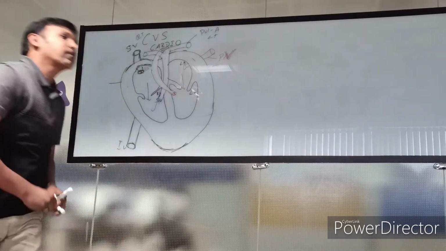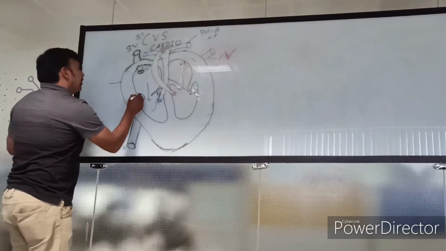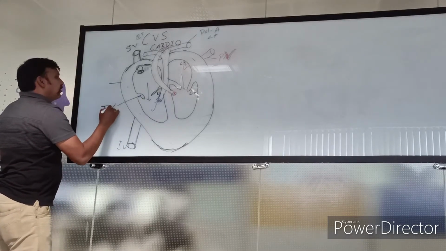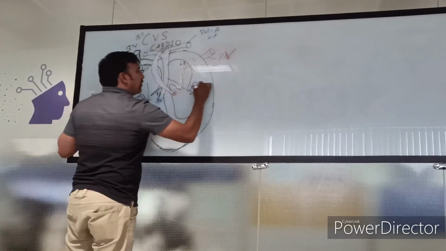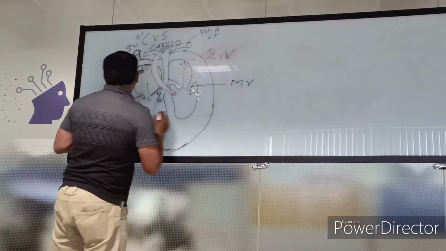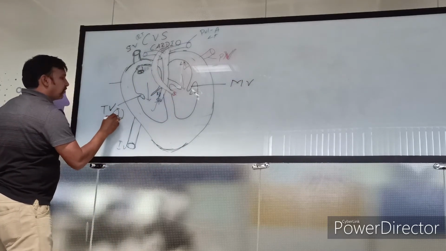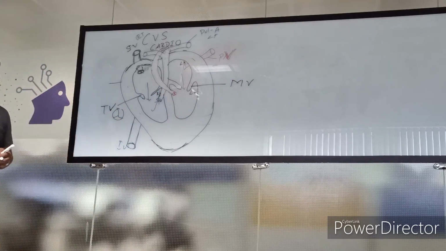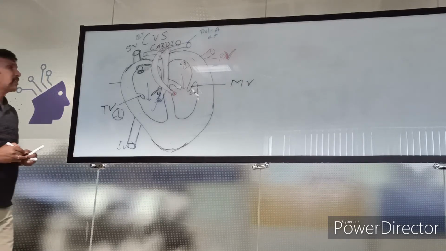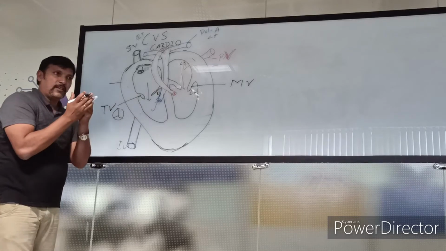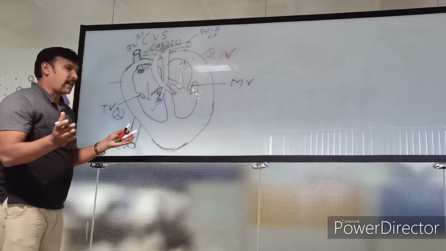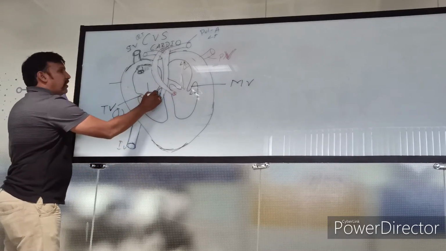Tri means three. This is the tricuspid valve, TV. It will be of three cusps shaped like that. Cuspid means like a cusp. The tricuspid valve will open or relax and blood goes into the right ventricle.